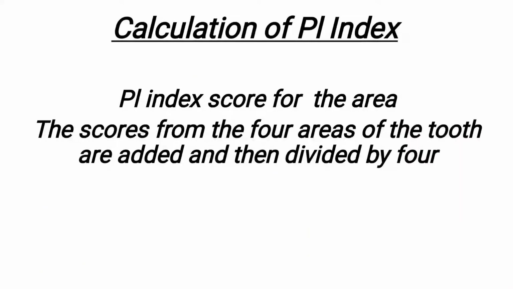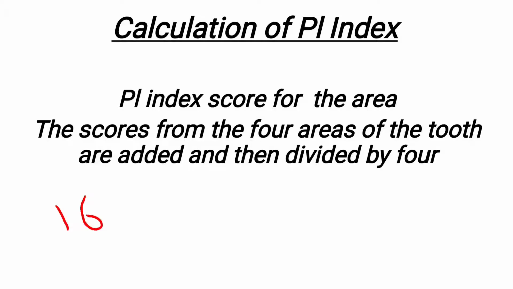how are we going to calculate the plaque index? The plaque index score for an area is the score from the 4 areas of the tooth added and divided by 4. What it means is, for scoring the index of an individual tooth, suppose 1/6, we are going to examine tooth 1/6. We are going to see all the 4 gingival surface areas of 1/6, that is distofacial, facial, mesofacial, lingual surface.